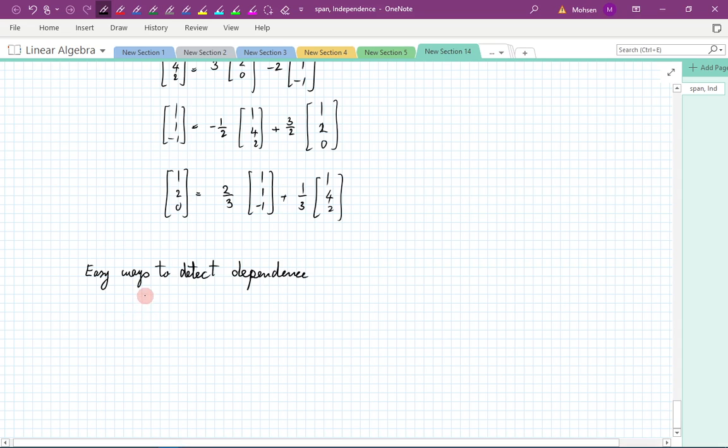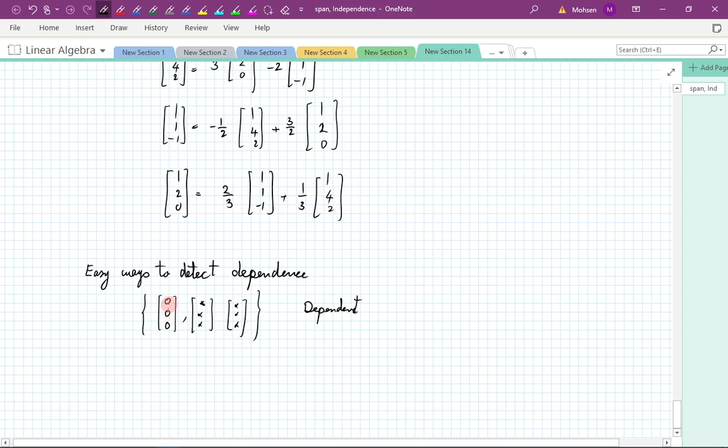First way: if you have a set of vectors, as many of these as you want, as many dimensions as you want, if one of them happens to be 0, the set always turns out to be dependent. Let's put it in everyday language.